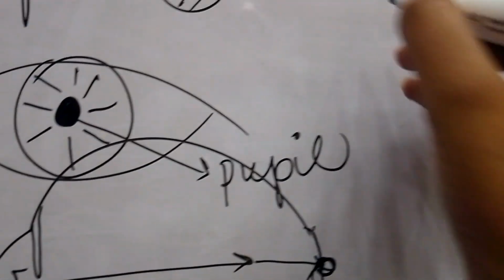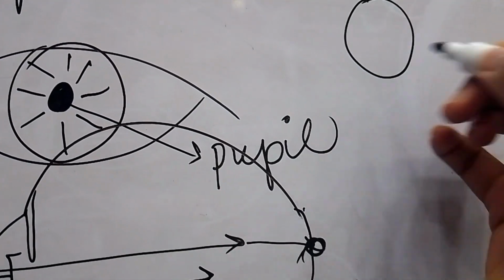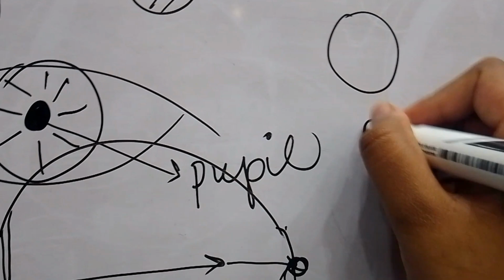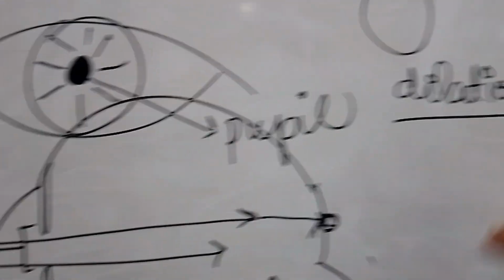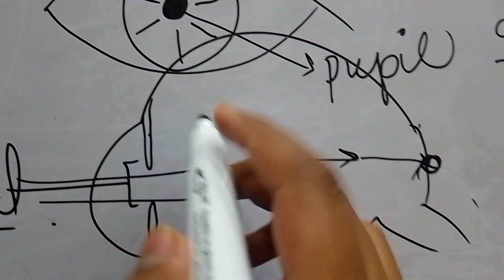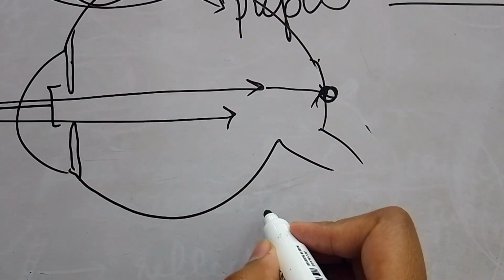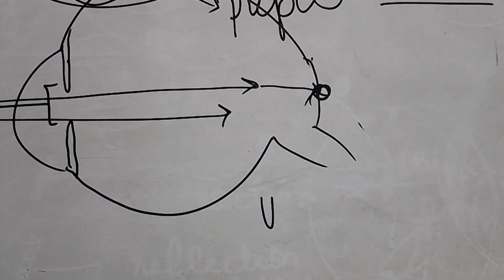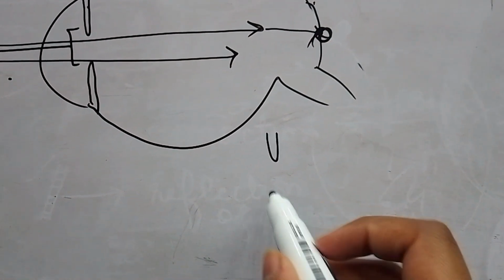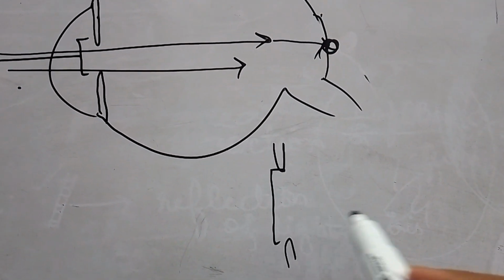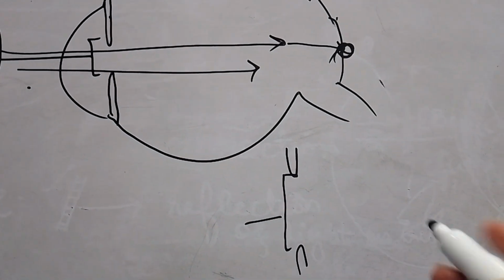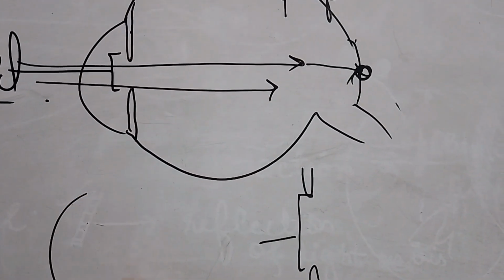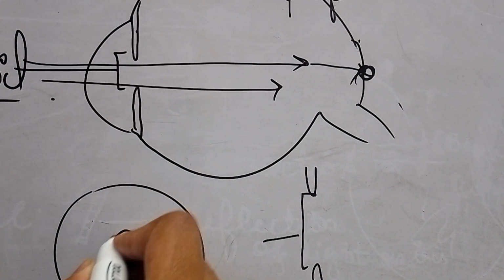So you all know that pupil is dilated. What does dilation of the pupil mean? That the iris is contracted. So this iris is now contracted. So it means that these irises are contracted and the space between these irises gets broad, right? So this is a dilation of the pupil, and this is the iris.